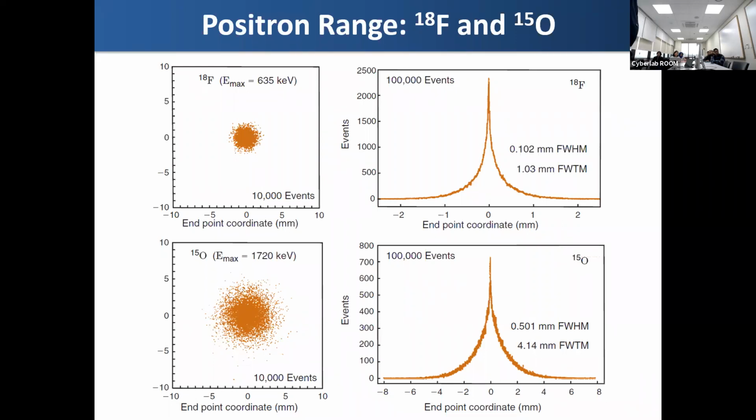So you can see this distribution is much wider. Fluorine-18 has 0.1 millimeter FWHM, and this is the distribution of 0.5 millimeter.